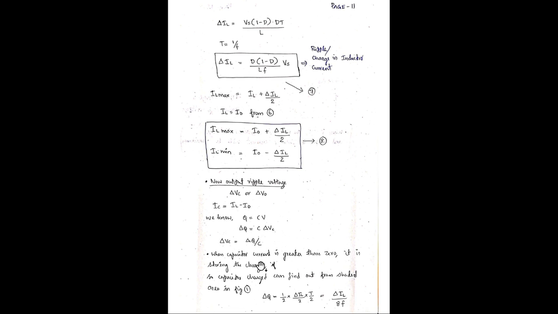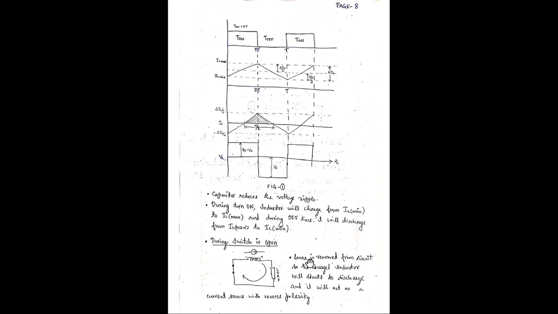When capacitor current is greater than 0, it will be storing charge. When capacitor current is less than 0, it will not store charge. So here you see capacitor current is greater than 0 from here to here, and this means at that time only it will be storing charge. So that will be this shaded area and it resembles a triangle.